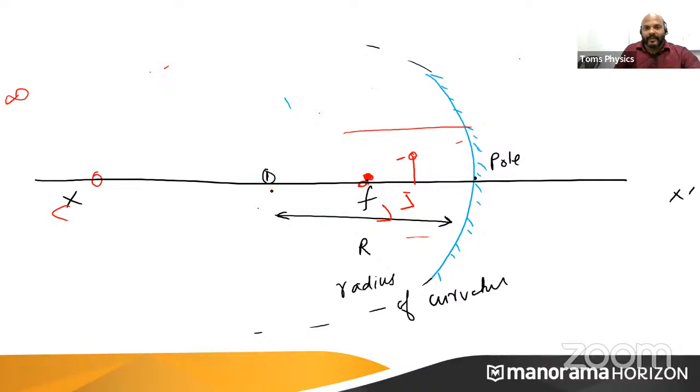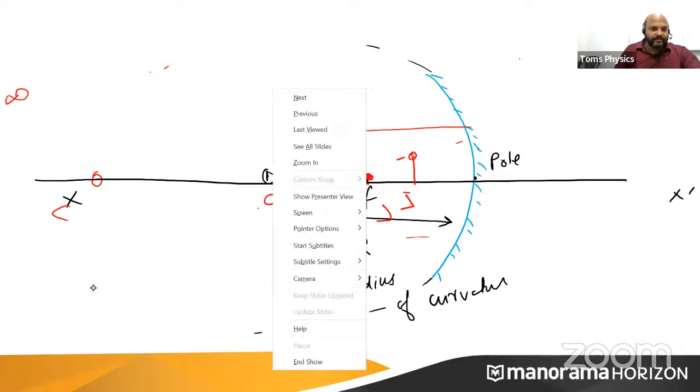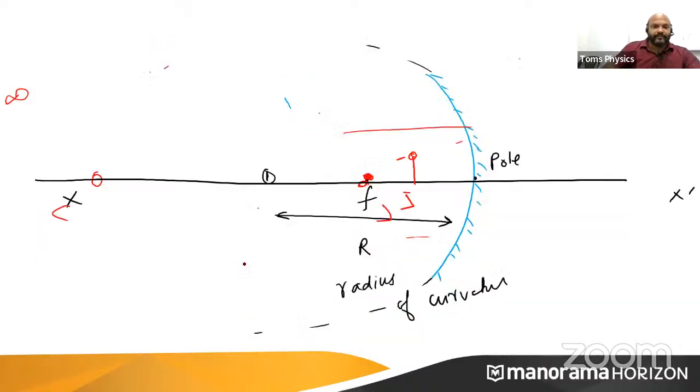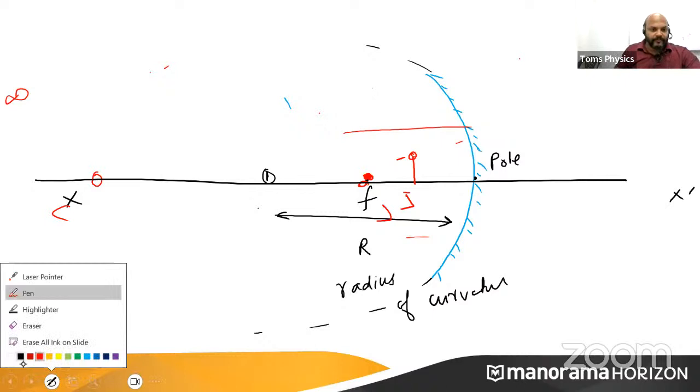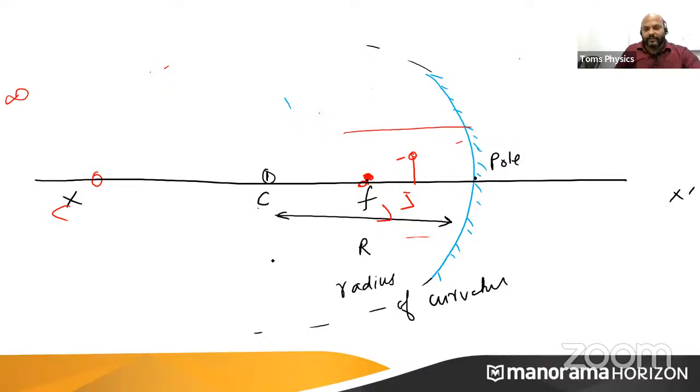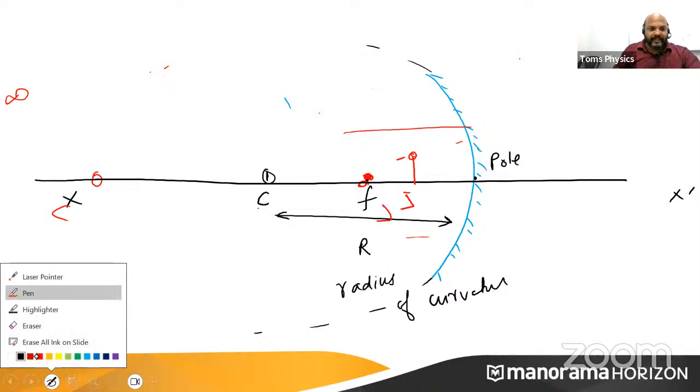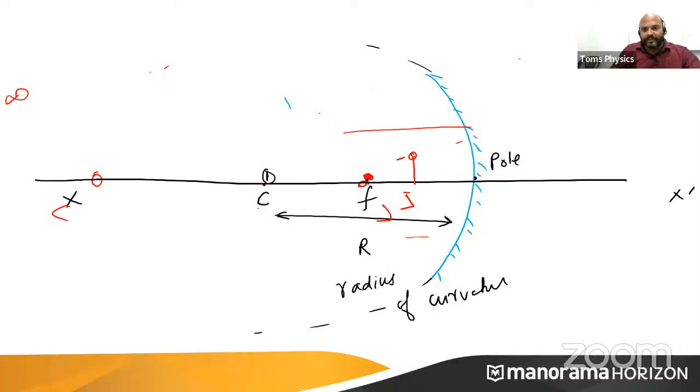Let's see why. Let's say that this is our center of curvature. Let's say that we have a ray which is passing through in such a way that it is in line with the center of curvature.